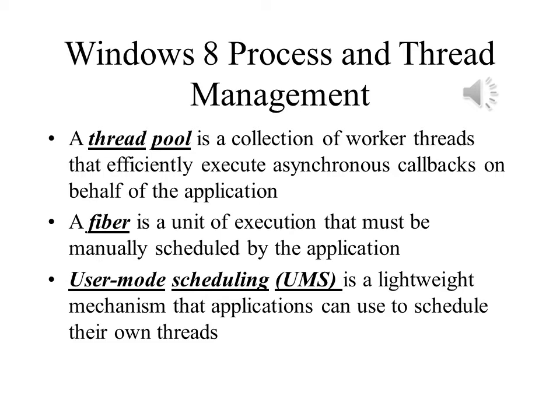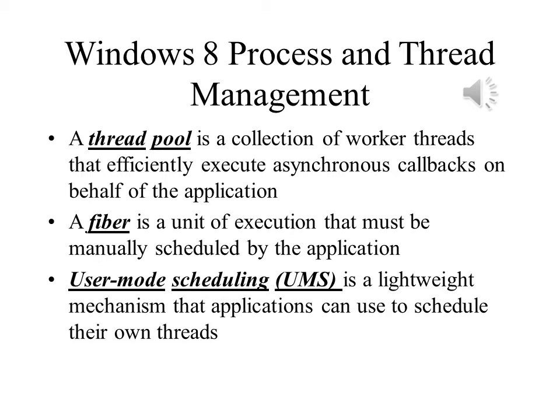From a system standpoint, a fiber assumes the identity of the thread that runs it. For example, if a fiber accesses thread local storage, it is accessing the thread local storage of the thread that is running it. In addition, if a fiber calls the exit thread function, the thread that is running it is the one that exits.